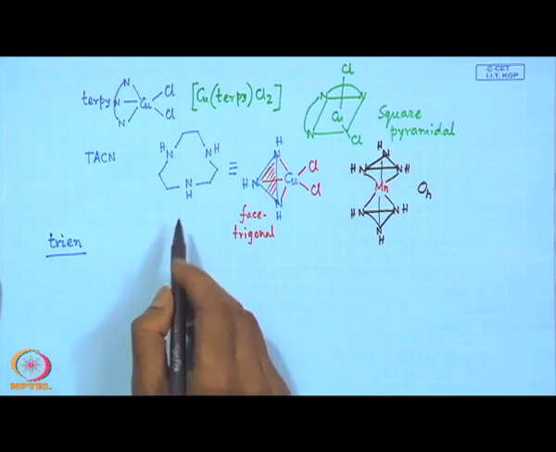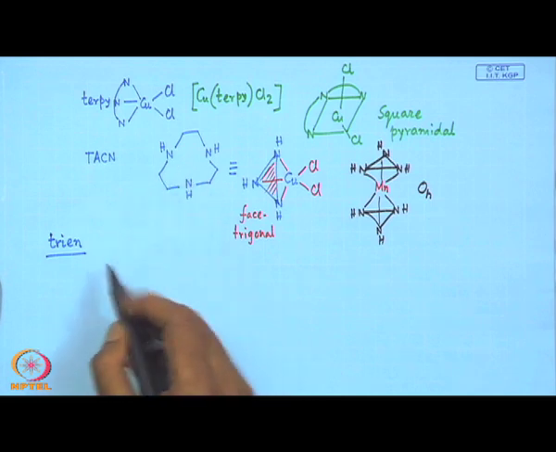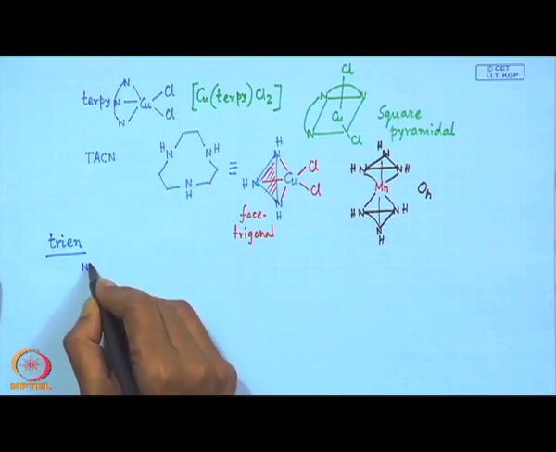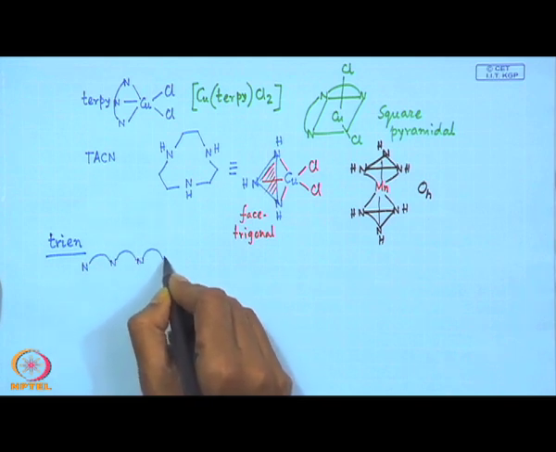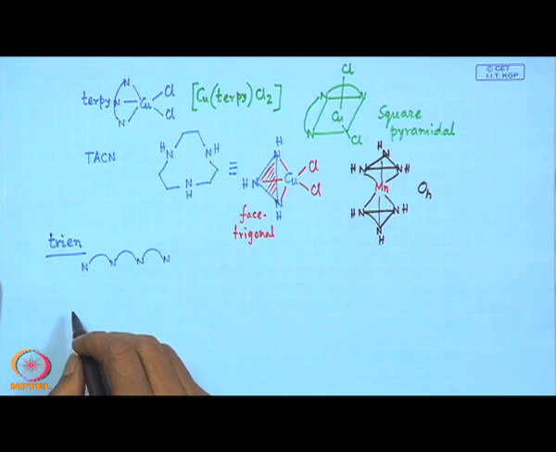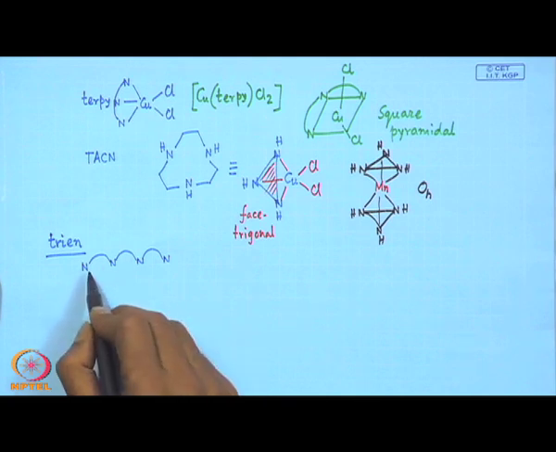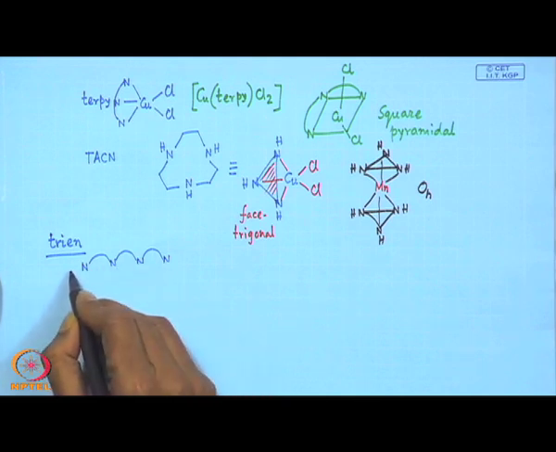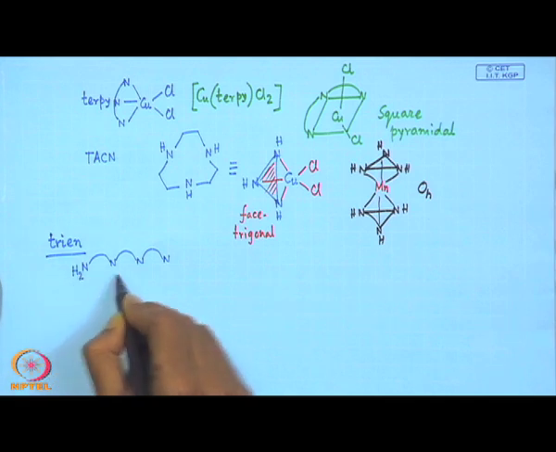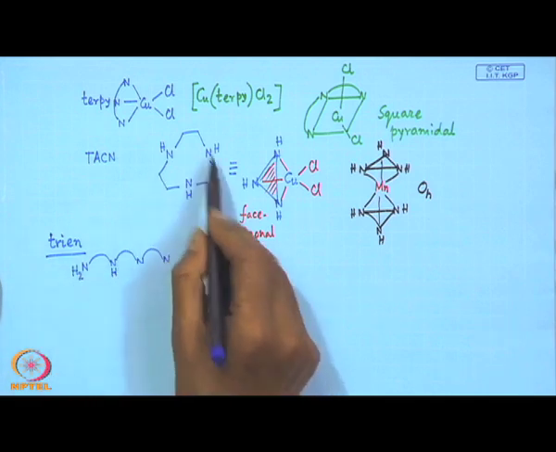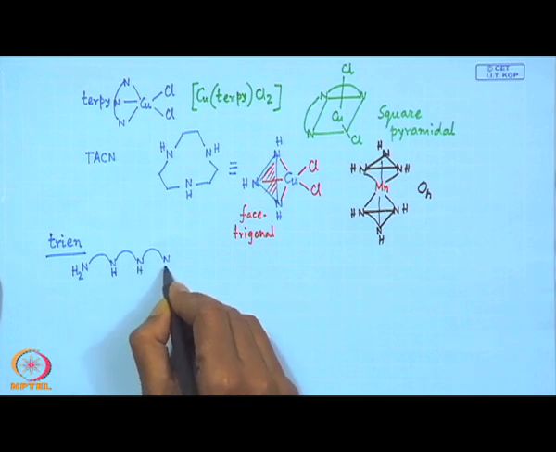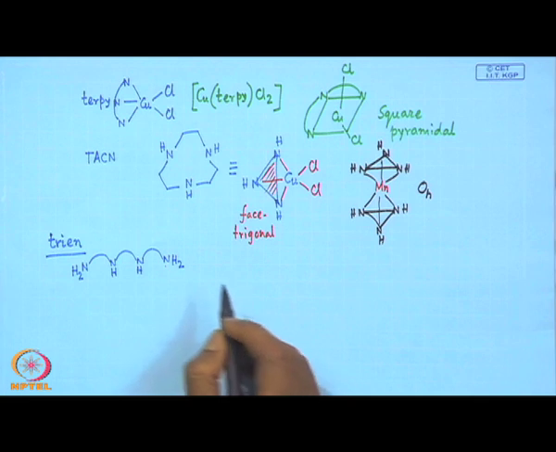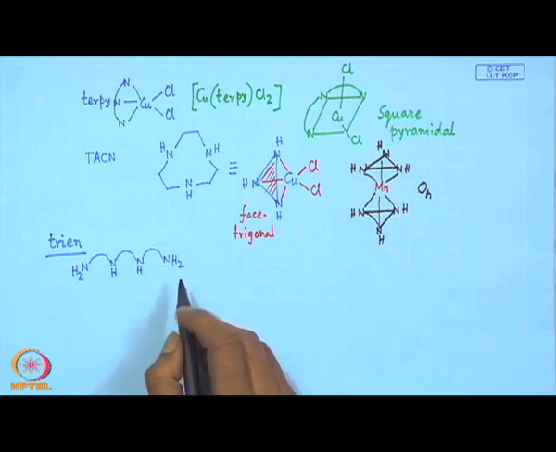So, like that we have that N3 type of ligand, now we can have diethylene triamine, triethylene tetraamine, sorry, the triethylene tetraamine molecule, using this backbone of diethylene triamine, which is one more extension of the ethylene backbone.